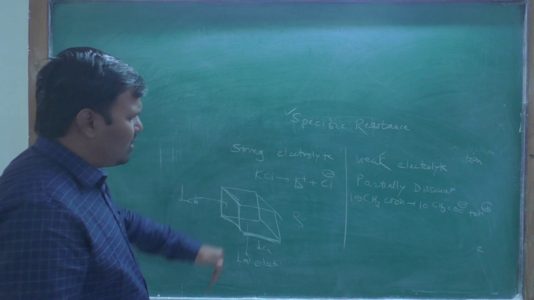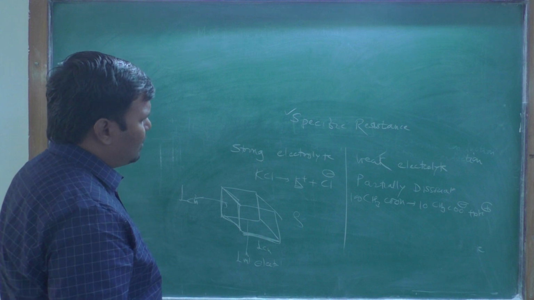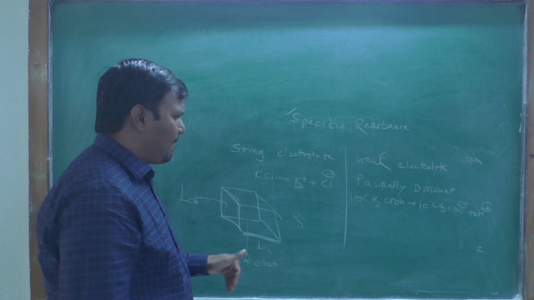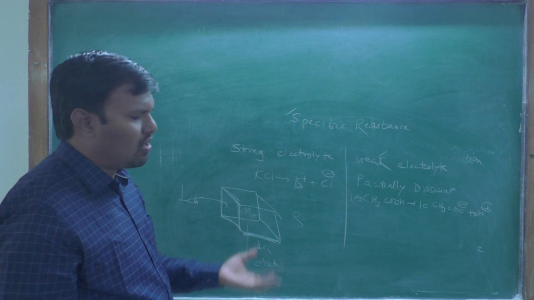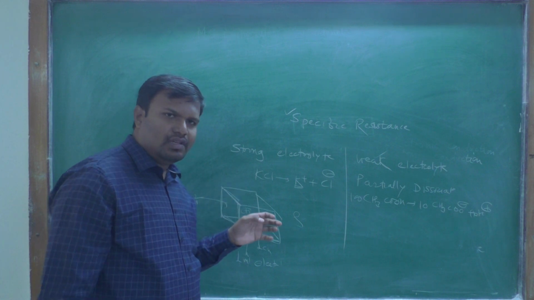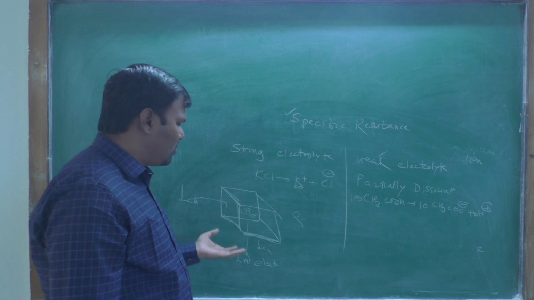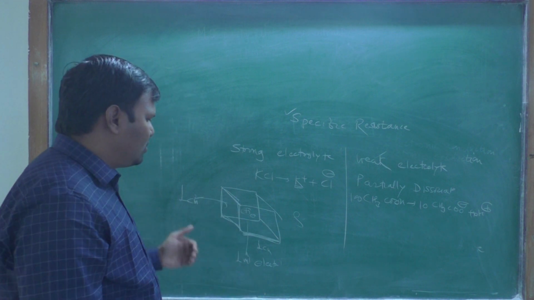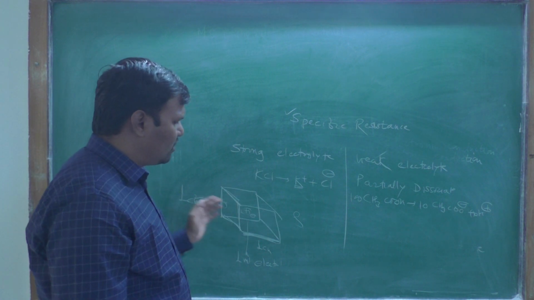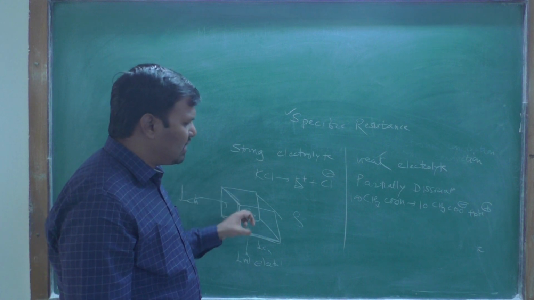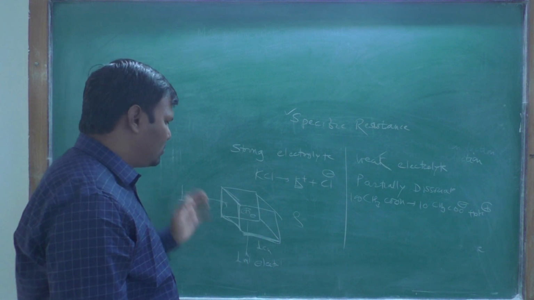Suppose a strong electrolyte is there, and it dissociates strongly. Therefore the number of positive and negative ions observed is more in that cube, so more cations and more minus charge are there, and therefore more conduction is there. As the concentration of cations and anions increases in this cube, more and more conduction is possible.